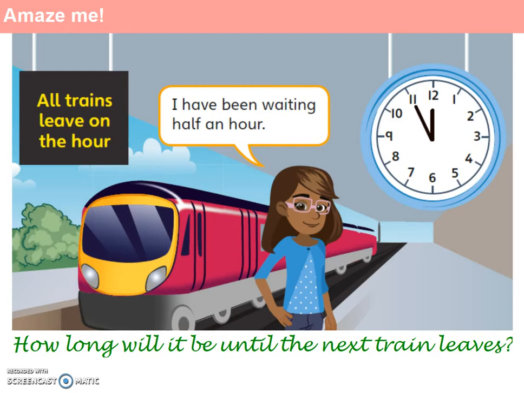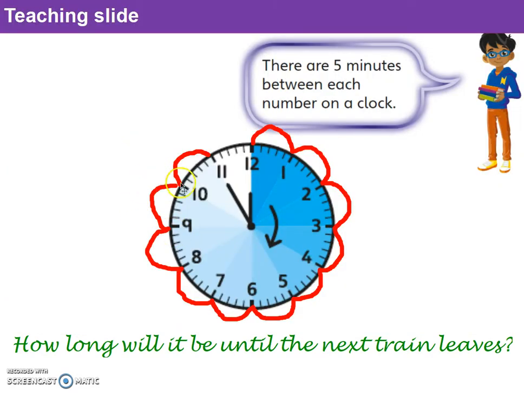Now we can have a look at our clock and we can work out that we are between 11 and 12, which means we're after 11 but before 12, and we can count along again to work out that it's 11, 11:05, 11:10, 11:15, 11:20, 11:25, 11:30, 11:40, 11:45, 11:50, 11:55. So we know the time now is 11:55.